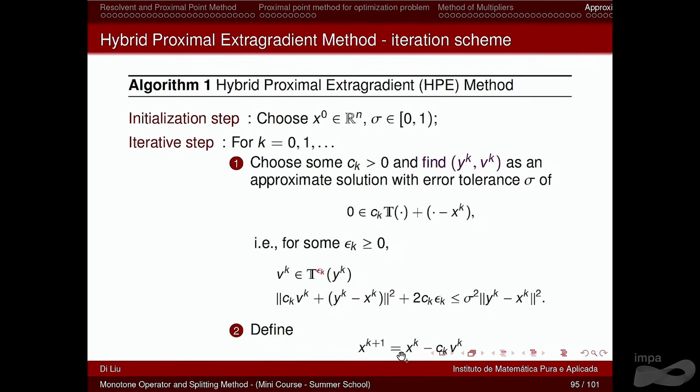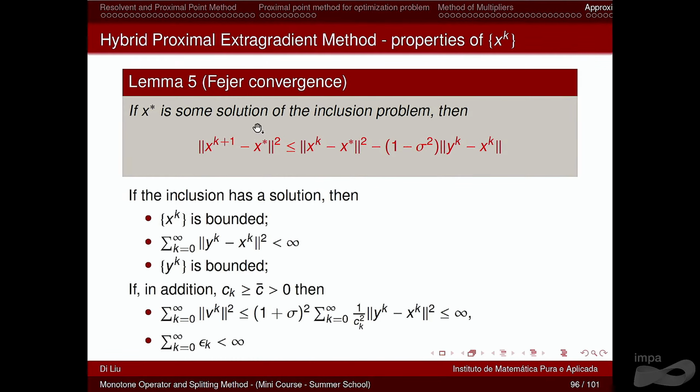It is the extra gradient step. And actually, this method converges. First, we can have the convergence of the whole sequence, where you can see the x is bounded, the distance between yk and xk is summable, and yk is also bounded.